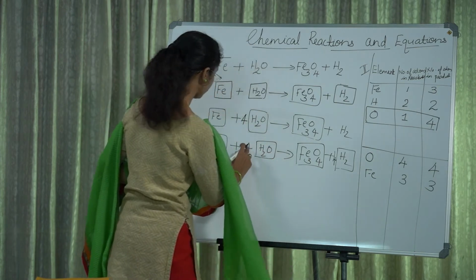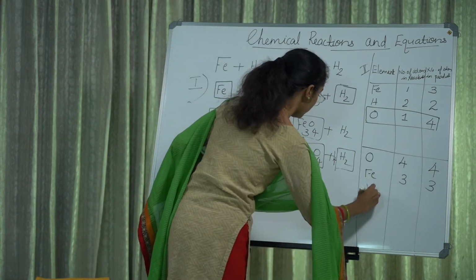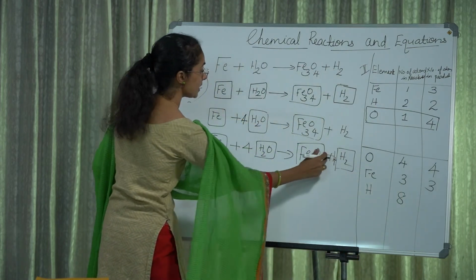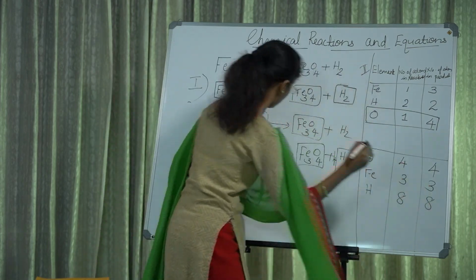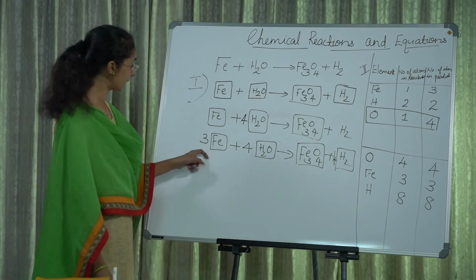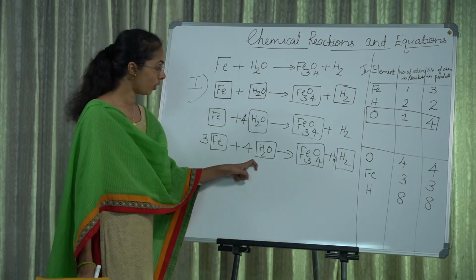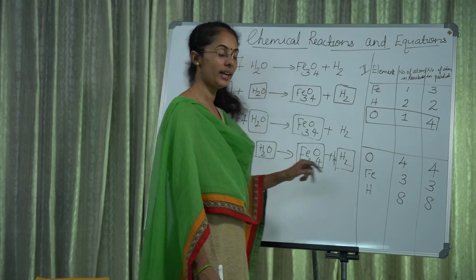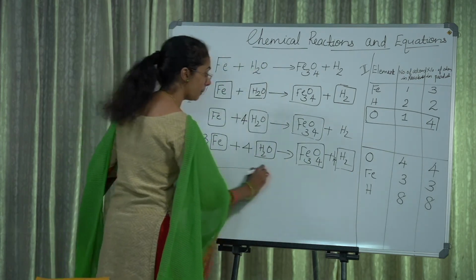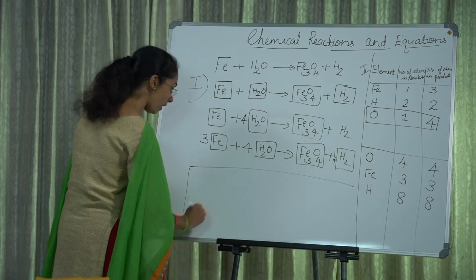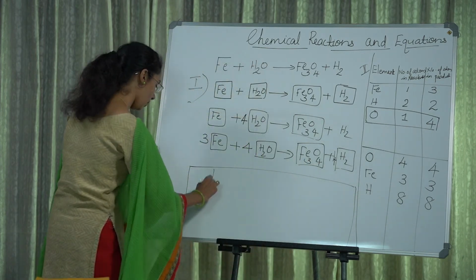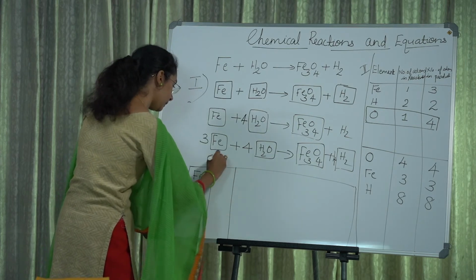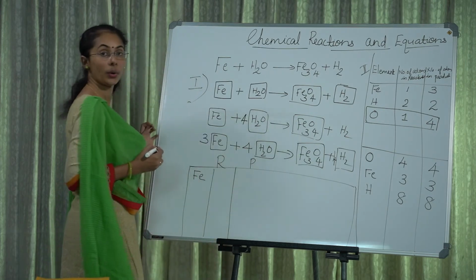Hydrogen atoms. How many hydrogen atoms are here? 8. Then how many hydrogen atoms are here? 8. So 3 Fe plus 4 H2O gives Fe3O4 plus 4 H2. Then next step we write the number of atoms on both sides. Okay. In the case of element Fe, reactant side, product side.